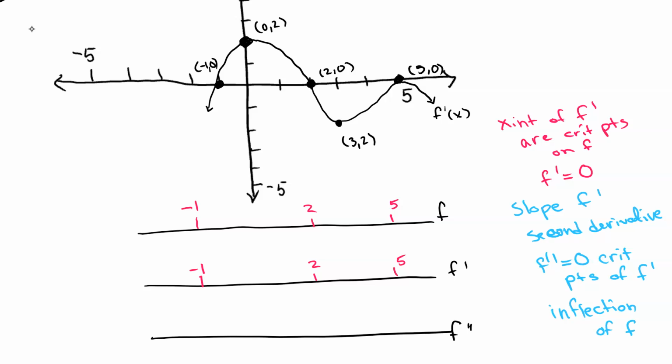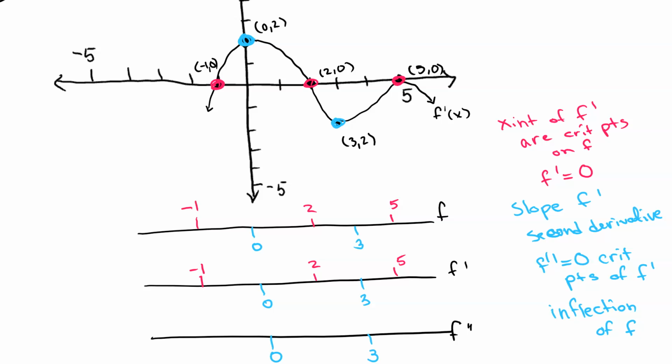So for that, let me just color these. All right, we've got a maximum, a critical point at 0. And we've got a critical point at 3. And at each of those, remember, our second derivative is equal to 0.